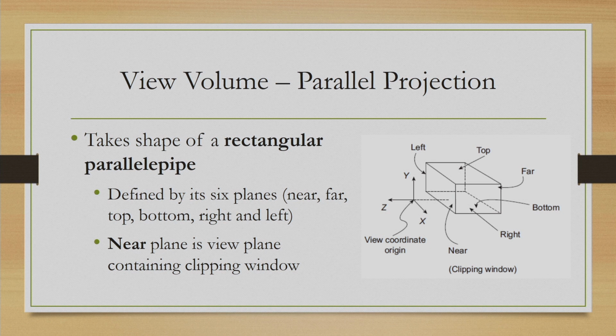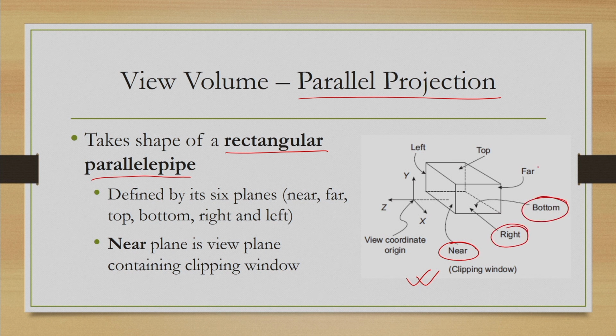Now, in case of parallel projection, the view volume takes the shape of a rectangular parallelepiped, as shown in this figure. Here there are 6 faces marked as near to the view plane, then right, bottom, then far plane, top and left plane.